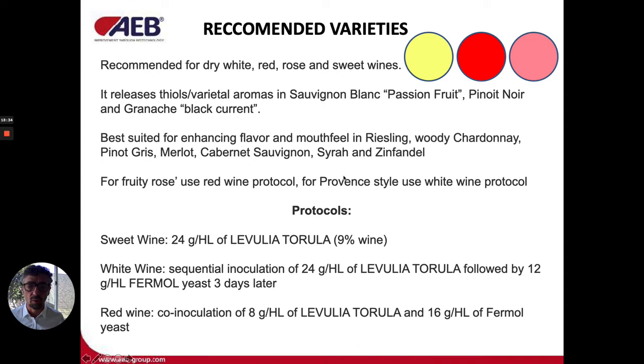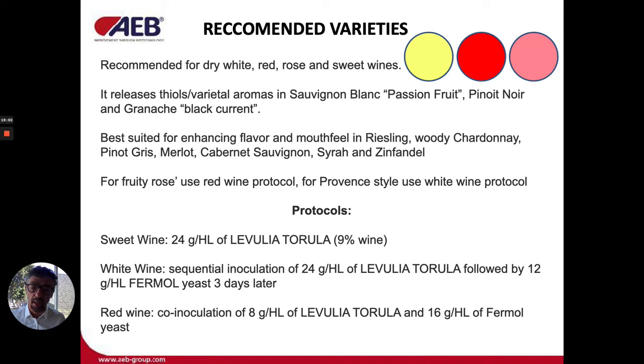And in all our trials, we developed three main protocols. If you want a sweet wine, just let the Levulia torula ferment through. It normally doesn't pass 9% alcohol. In white wine, you want a clean fermentation. So sequential inoculation is the best way to make sure the fermentation is always going and is regular.